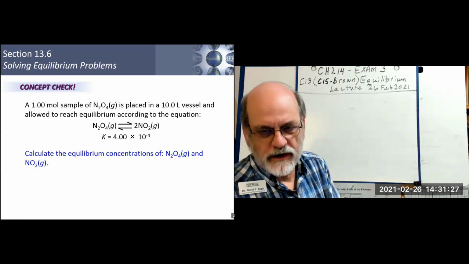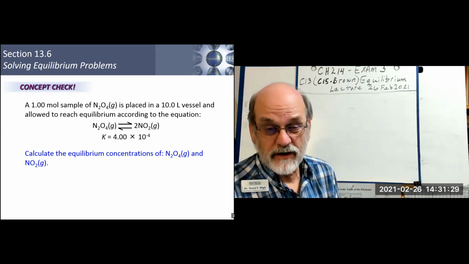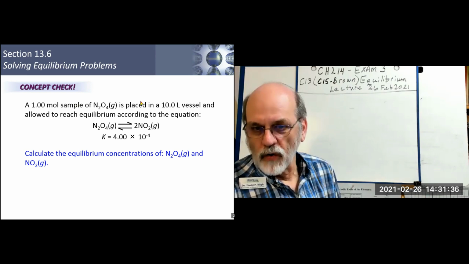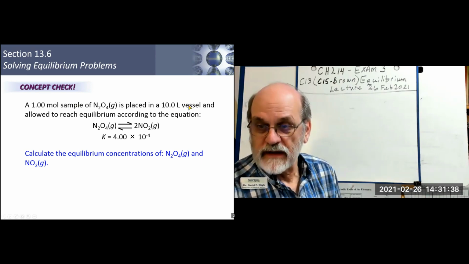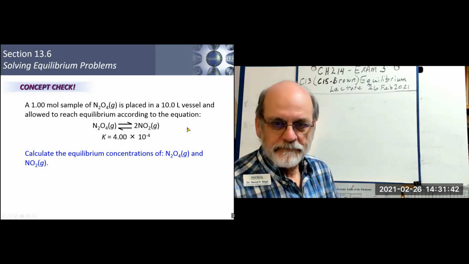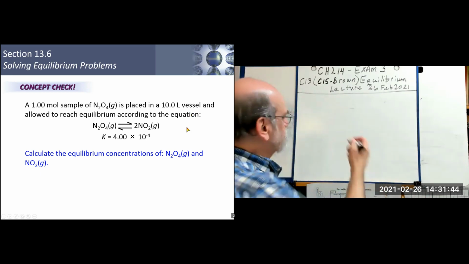So that is one exception where it works better to do it the other way. In this case, we're going to use concentration. We have to calculate it. So 1 mole placed in a 10-liter vessel would be 0.1 molar. The equilibrium equation is this.